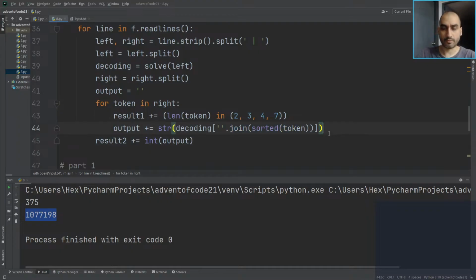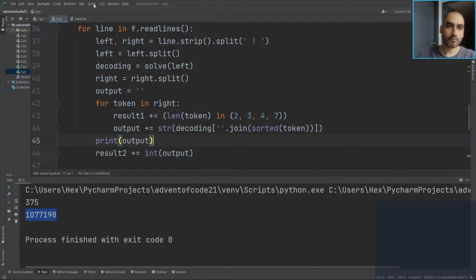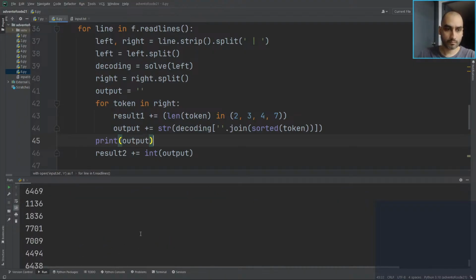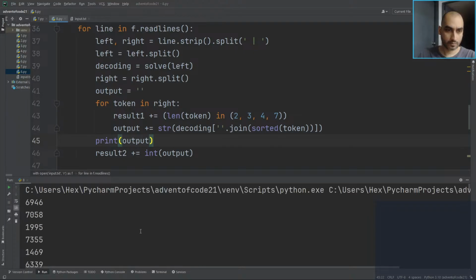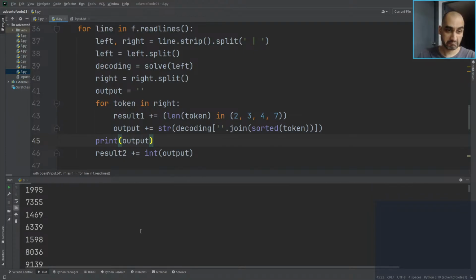Let me just print the outputs. That's what the outputs look like. They're all 4 digits. Uh-oh.